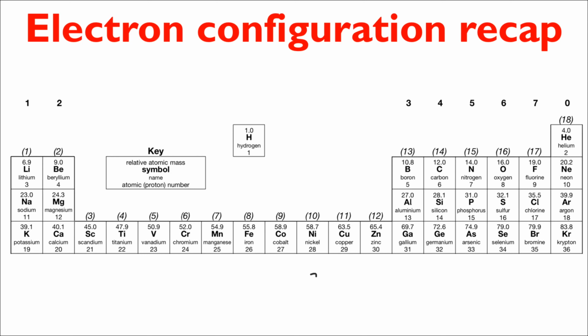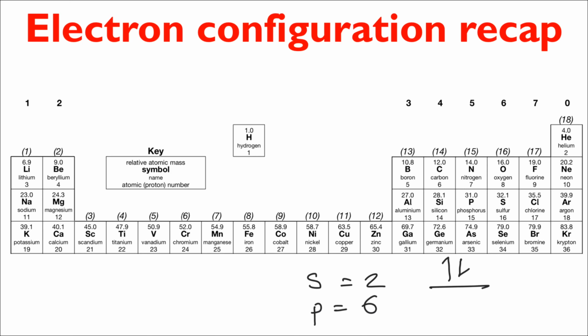The s subshell holds 2 electrons in 1 orbital. An orbital is an area where electrons exist, and an orbital can hold a pair of electrons with upspin and with downspin. An s subshell has 1 orbital, so it can hold 2 electrons. A p subshell holds 6 electrons.